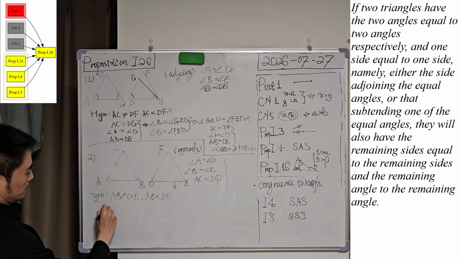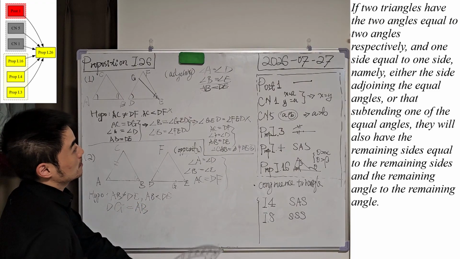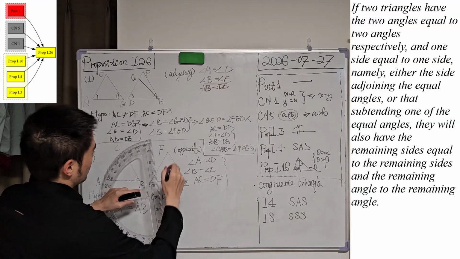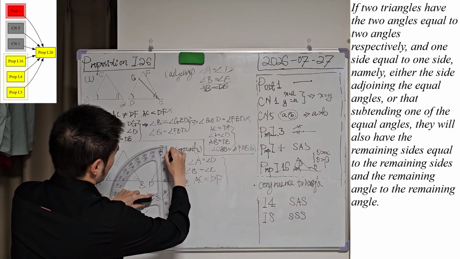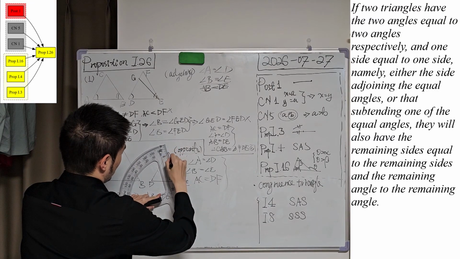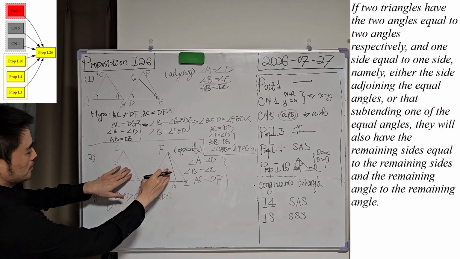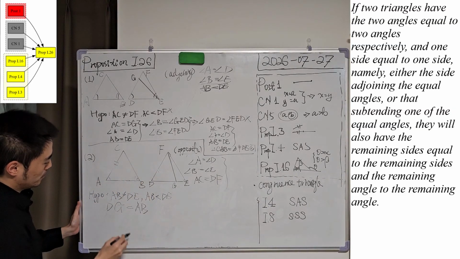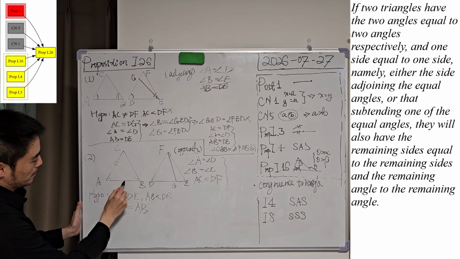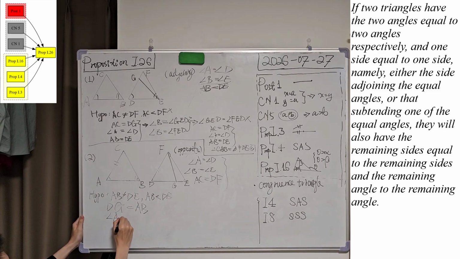Using postulate 1 we join FG. Please pay attention to this triangle. We know DG equals AB and angle A equals angle D, which is a condition.